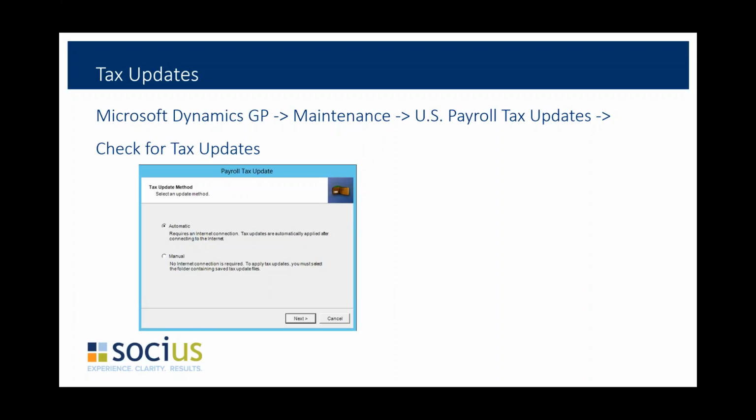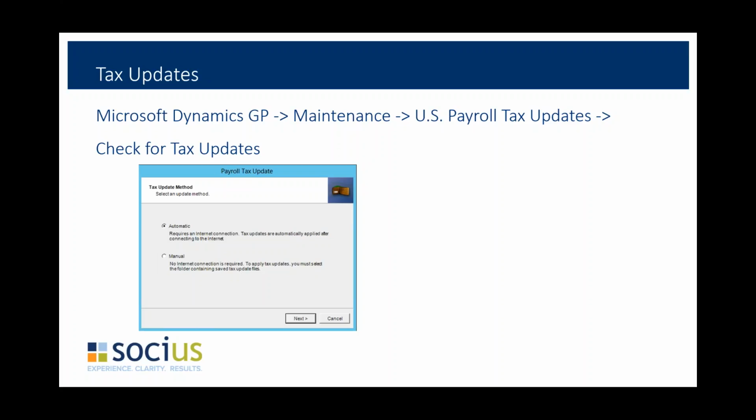Now, you may be in a situation where this tax update may happen prior to the actual production of the W-2s and 1099-Rs, based upon whether you're going to print those before or after your first pay run, like we said in this checklist.